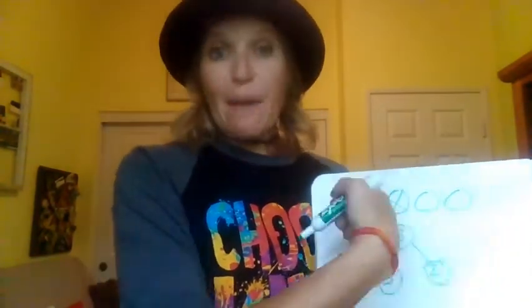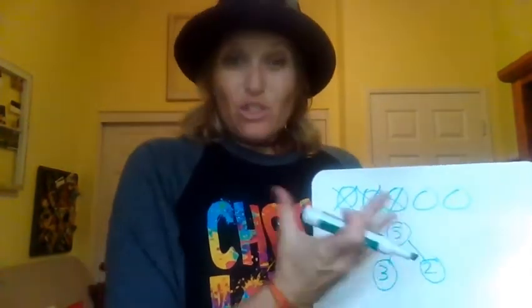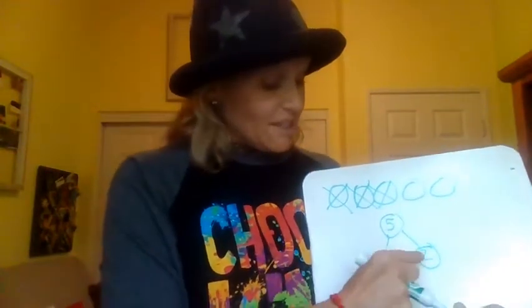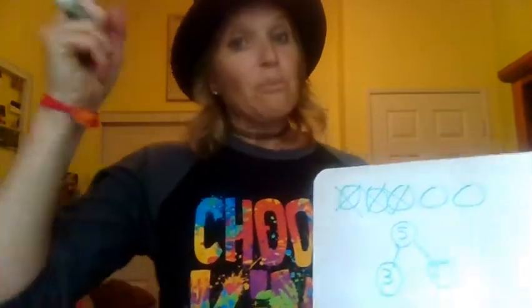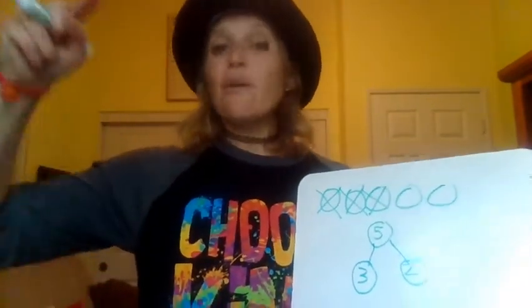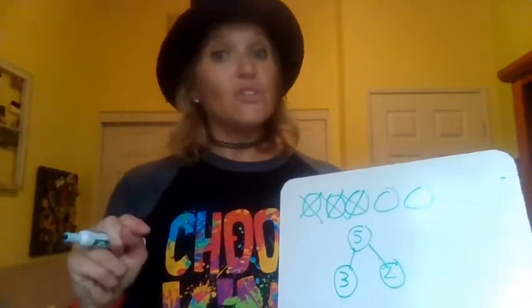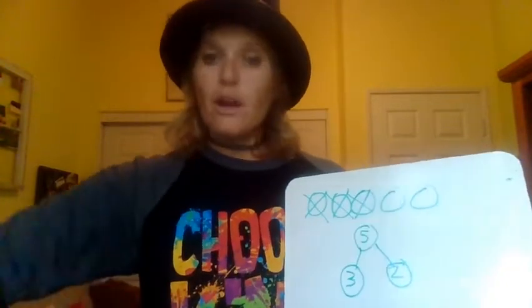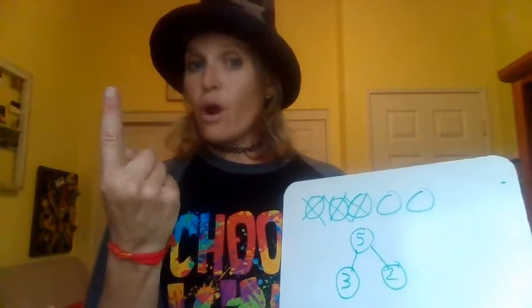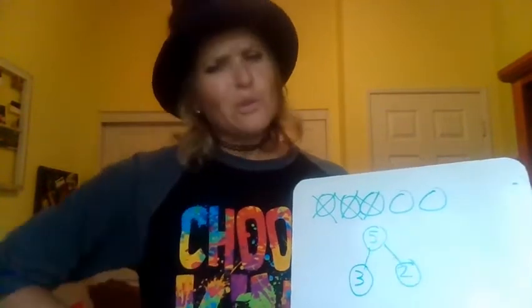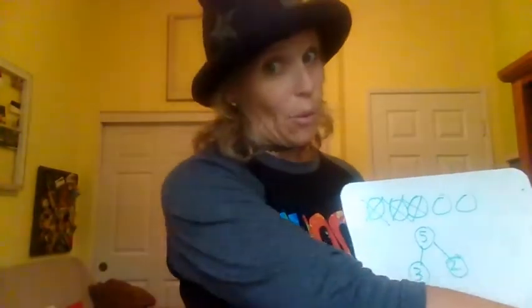Now, we already knew that because we drew a picture. But let's say you just want to start with a number bond. You would see, pretend the 2 is not there. You would see that 3, and you would put 3 in your head, and you would count up until you get to 5. So, 3, count my fingers. Did you say 5? I thought so.